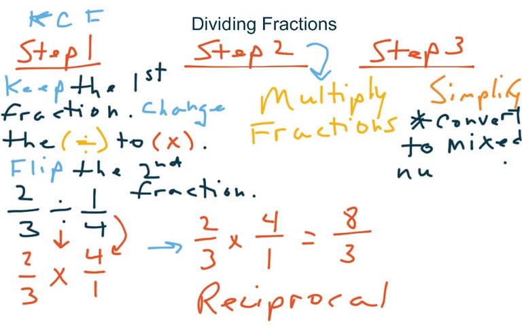So there we go. We either simplify this or we convert to a mixed number. 8/3 we can turn into a mixed number. It's an improper fraction, so I've got more on top in the numerator than I have in the denominator.